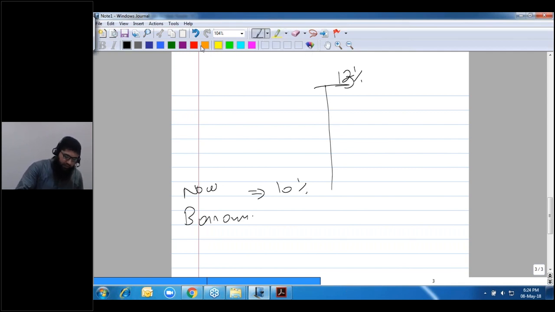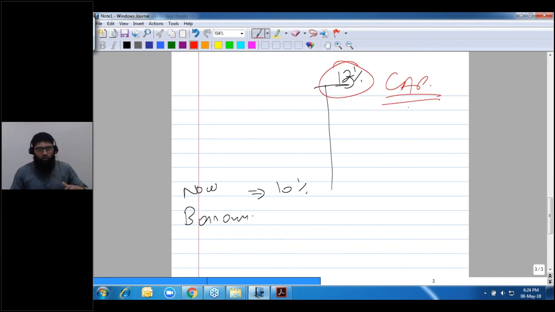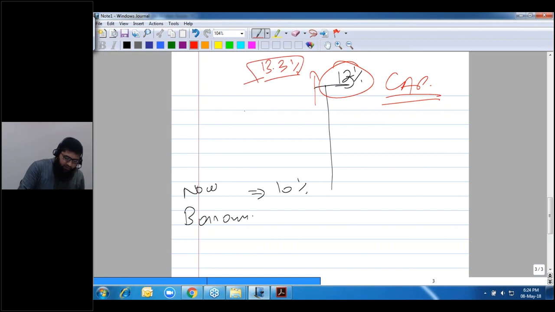The option that I'm going to buy is termed a cap. The cap is going to fix my maximum rate. So if the interest rate goes up to, let's say, 13.3%, I'm immediately going to exercise my cap and I'm going to end up paying only 13%.